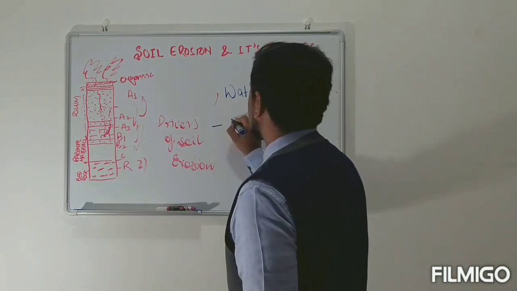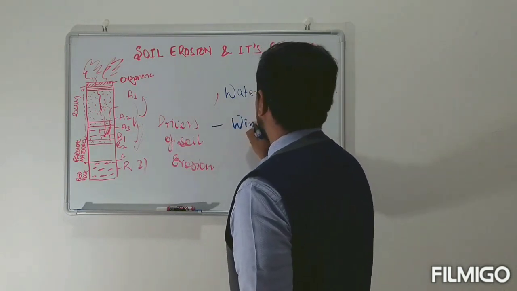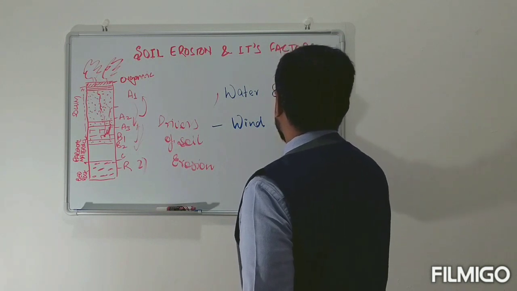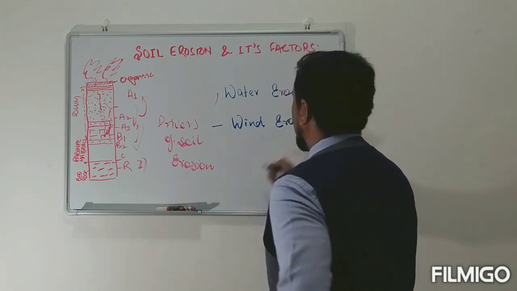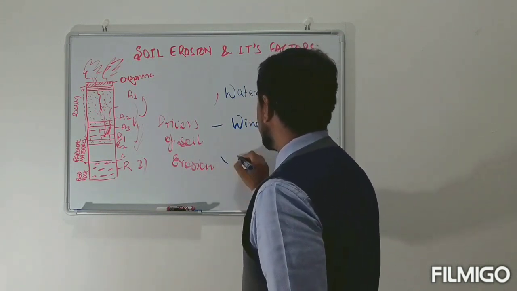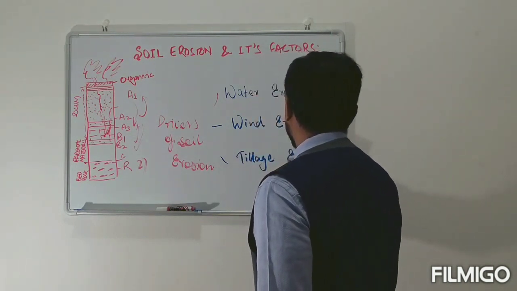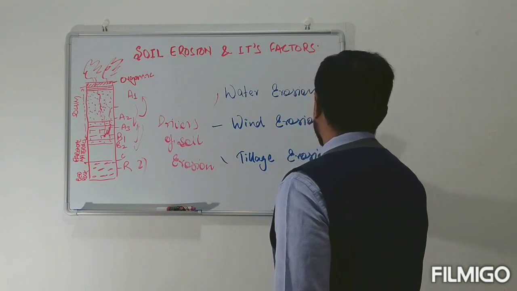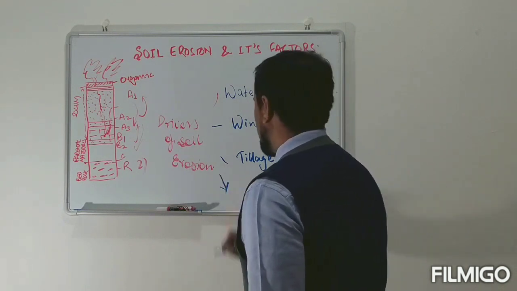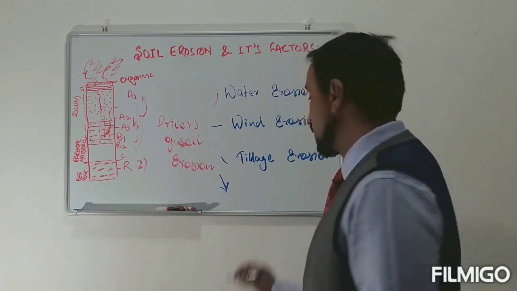Second is wind erosion, and third is tillage erosion, right?